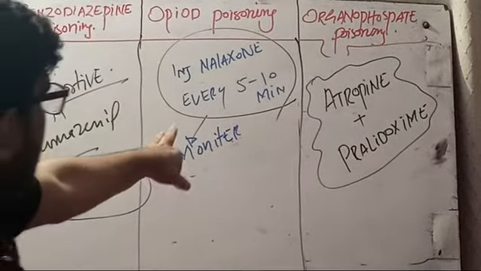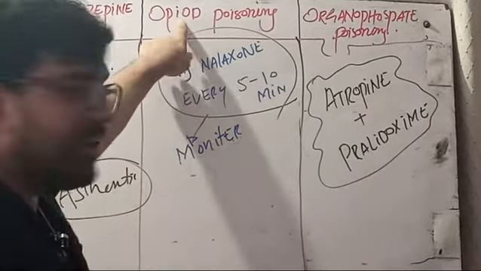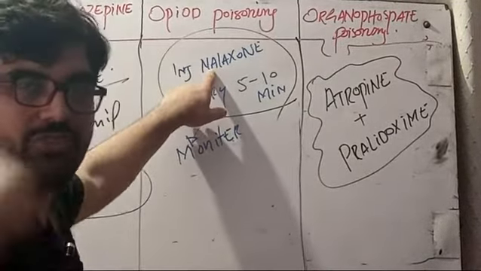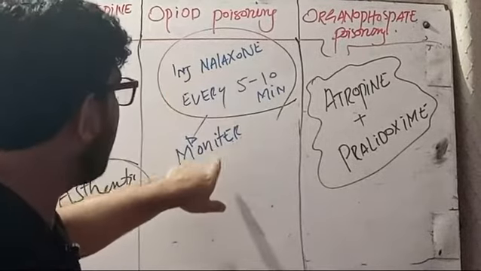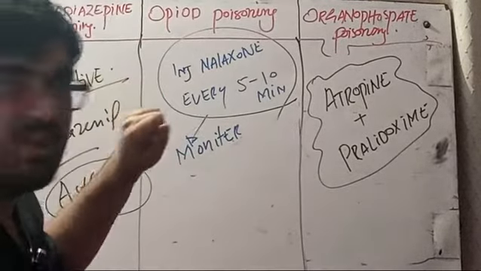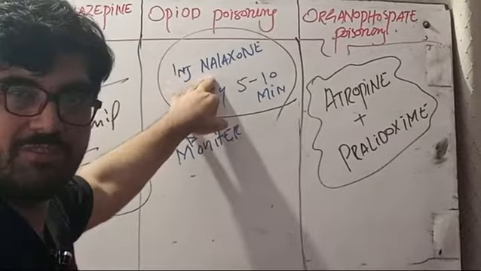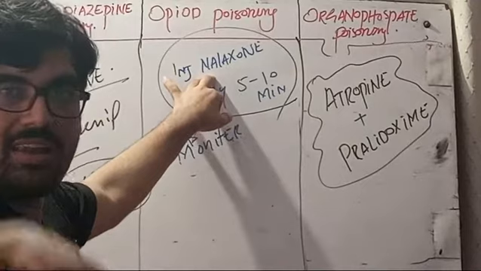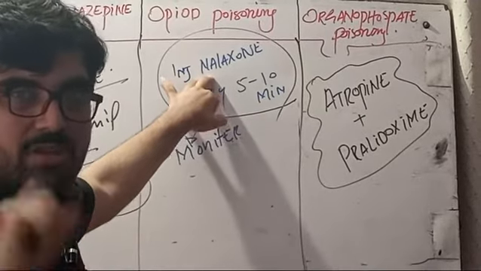But the half-life of opioid is very long as compared to naloxone, so you have to give repeated dosing. So we admit the patient and monitor the patient, because if we give 5 injections of naloxone and discharge the patient, he can again come with the poisoning.